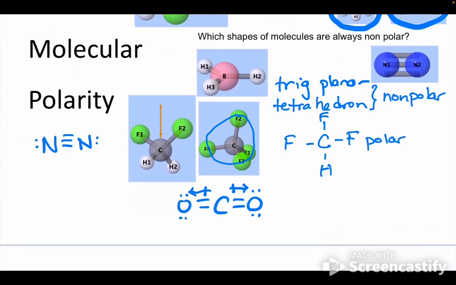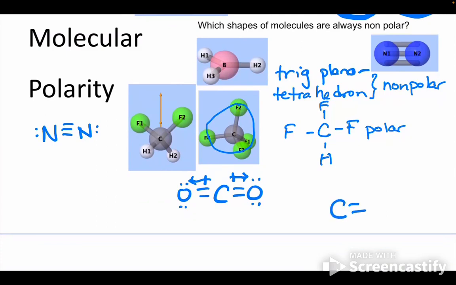But if you have a linear like this one, now the nitrogen is going to pull harder on the electrons from the hydrogen, and the carbon's going to pull harder on these electrons. So this is non-symmetrical, so this would be a polar molecule.